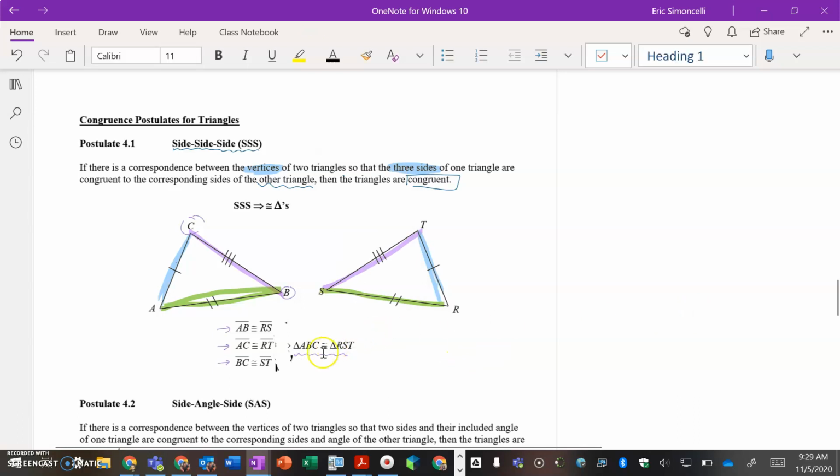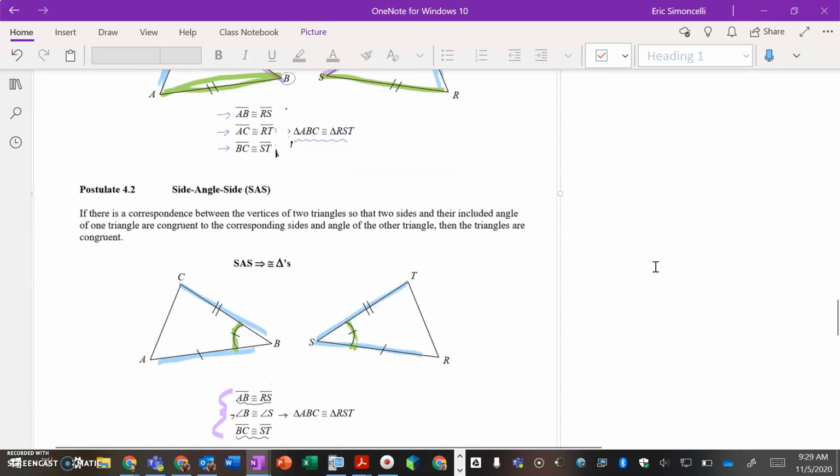Anyway, so side, side, side is a way to prove triangles congruent, and these three sides, as you can see in that respective order, those two are in order, those two are in order, as are those two. The two triangles in the right order, again, ABC is congruent to RST.